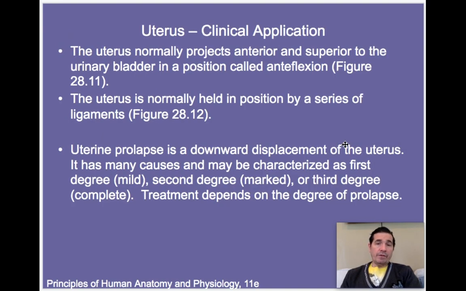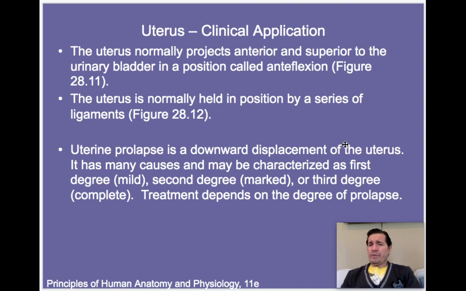One of the things about the uterus is that a lot of times we can have prolapsing of it. When we look at the uterus, it has a positioning either above the bladder or at a different angle.